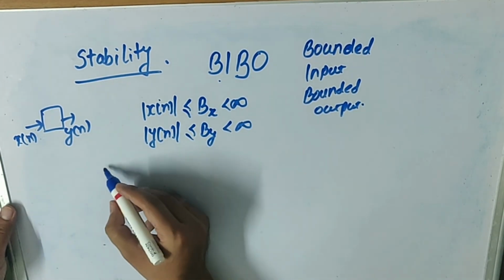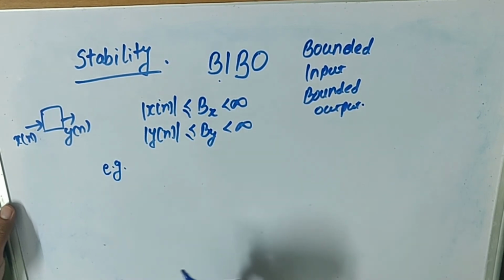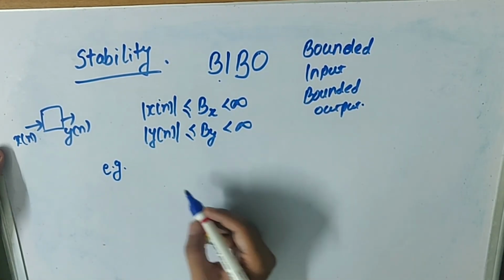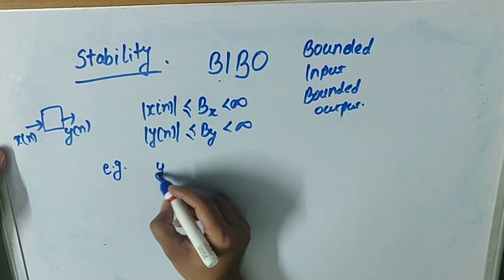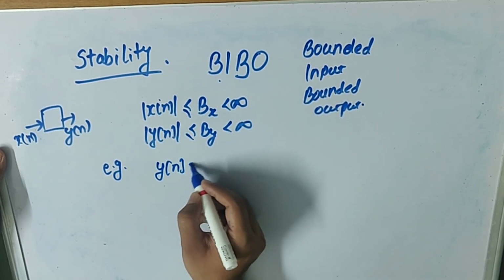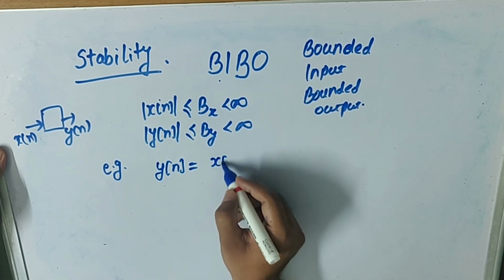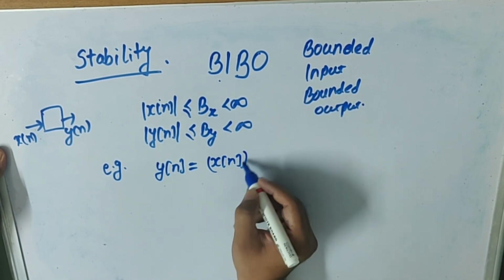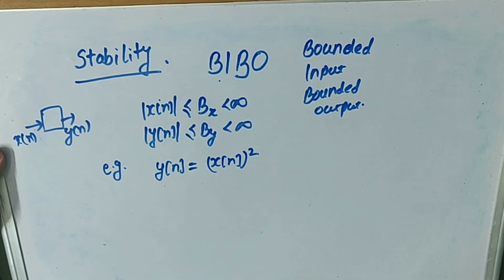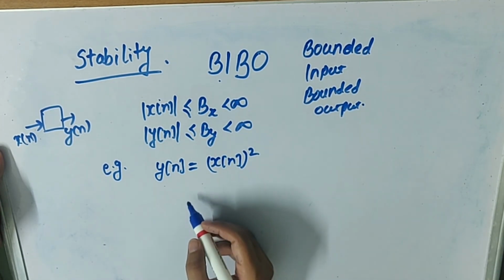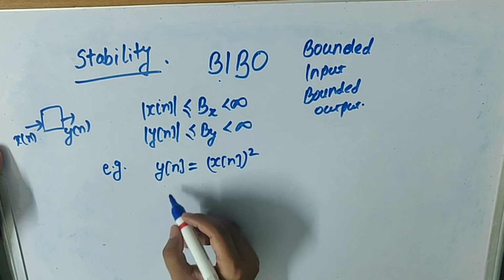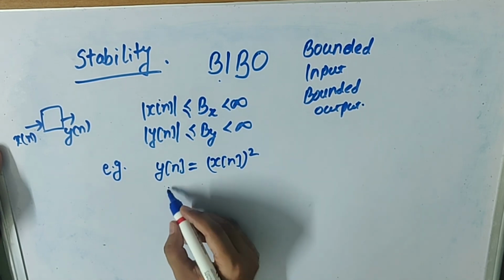As an example, let's assume a square function, or a system which is doing the square of the input. So there we can write y[n] = x[n] squared. Okay. So the question is, is this BIBO stable? The answer is yes. So let's assume that our input is a bounded input.